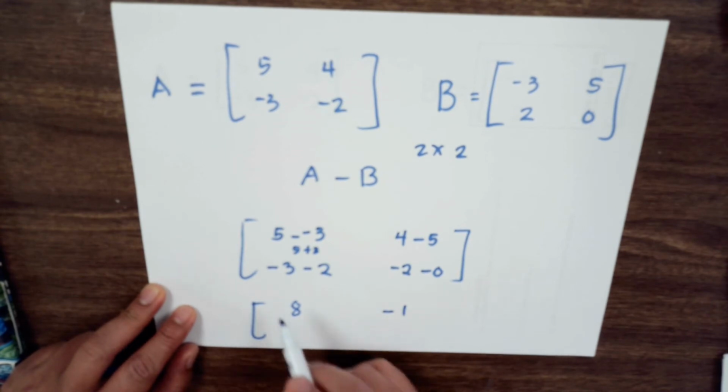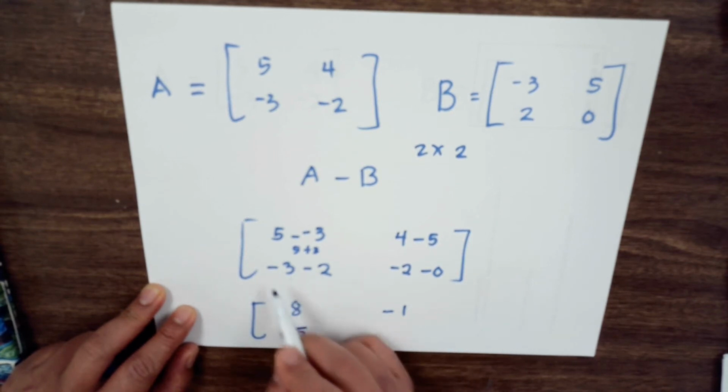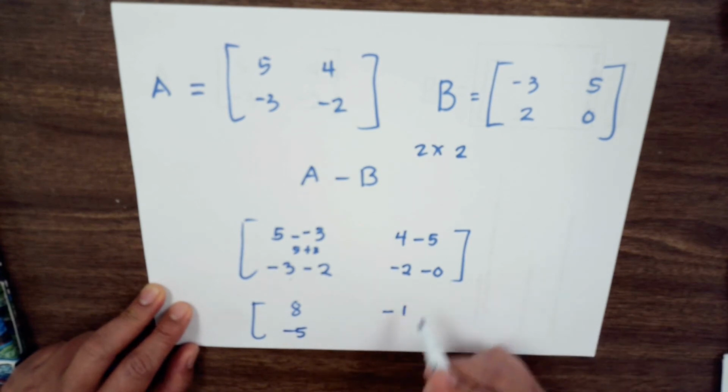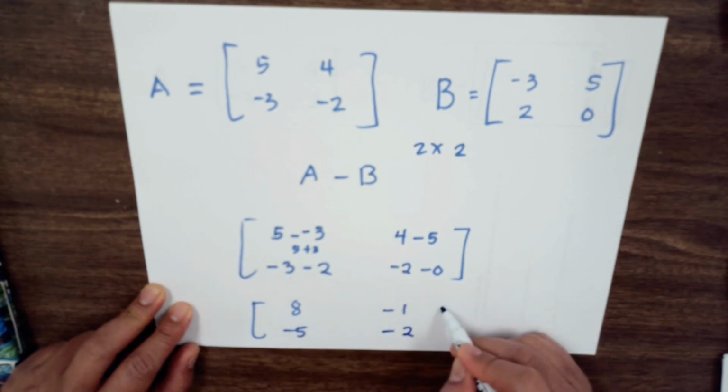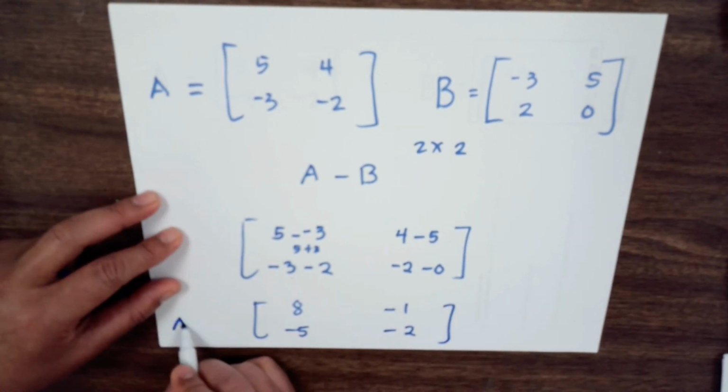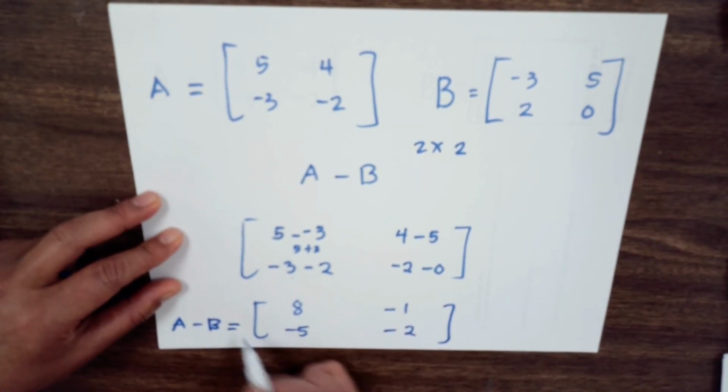It actually means negative 3 minus positive 2, so that would be negative 5, because 3 plus 2 is 5, and you copy the common sign. Same thing also with this. That's negative 2. Alright, so this is actually the difference between A minus B.